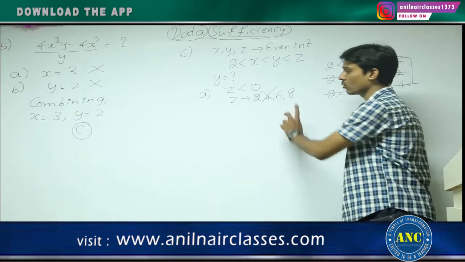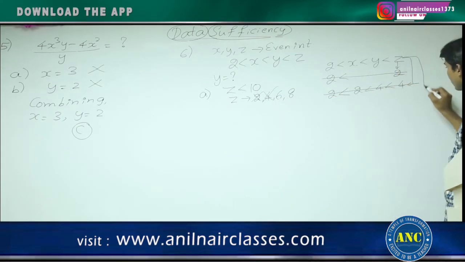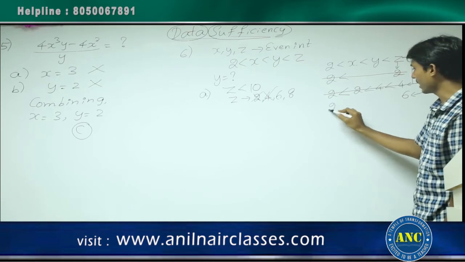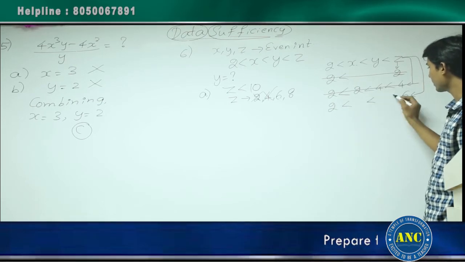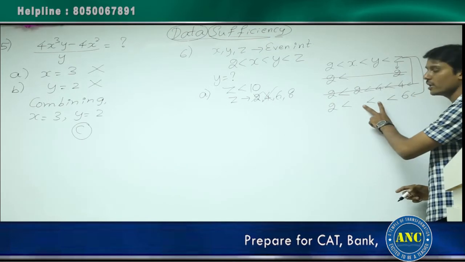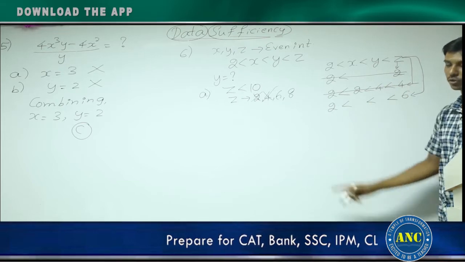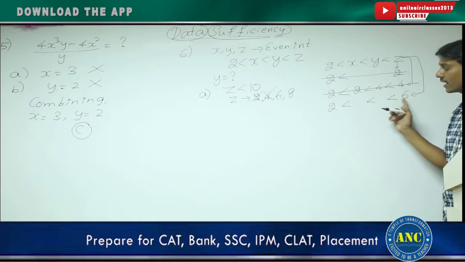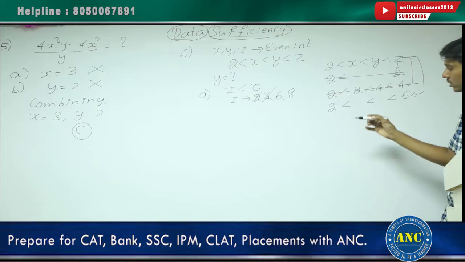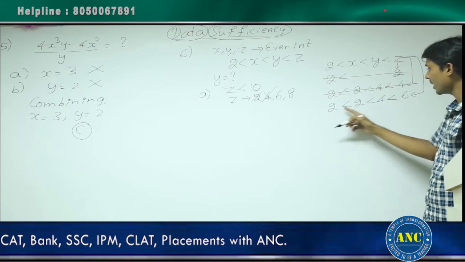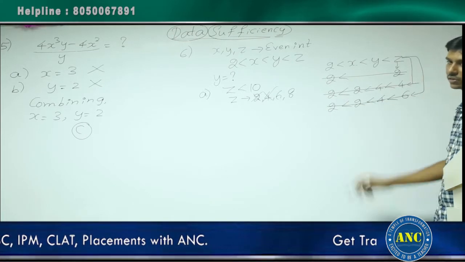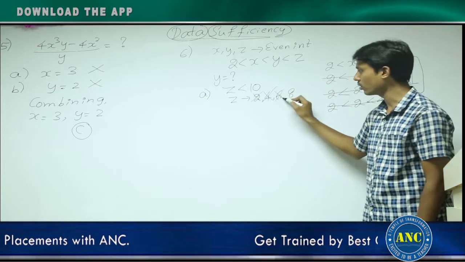If I take z is equal to 6, then it becomes 2 less than something else less than 6, and these two values again should be even integers according to the question. Two integers which are less than 6 and even. What are those? 2 and 4. Again 2 less than 2, ruled out. It is not possible. So z cannot be equal to 6 also.